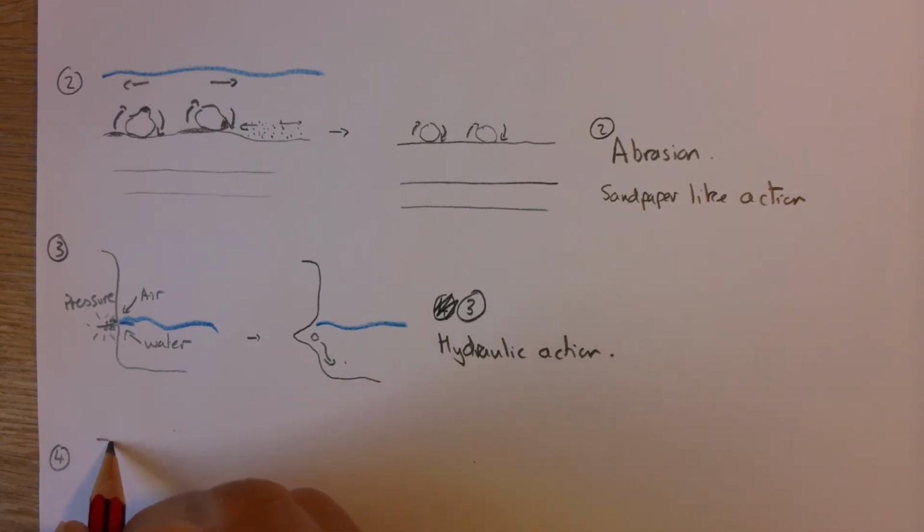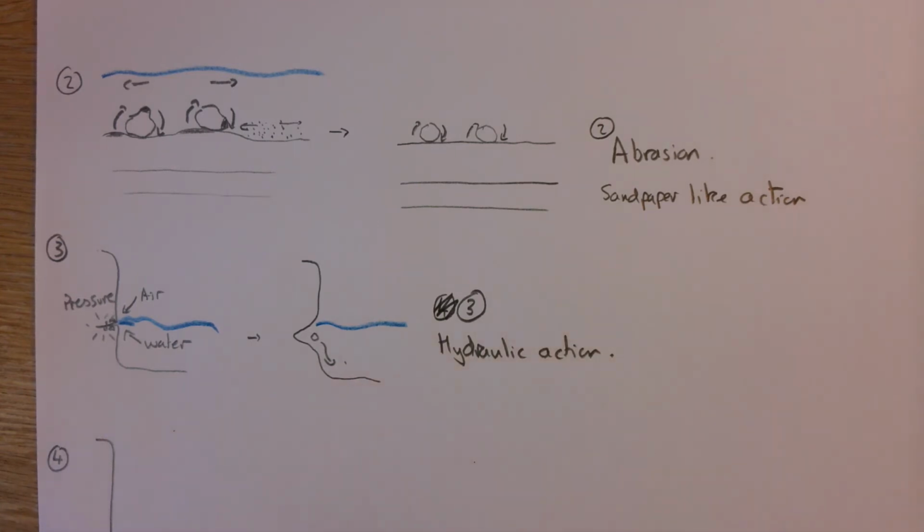Also, at cliffs with high energy waves hitting the coastline, we might find that those waves are transporting in suspension small particles or rocks, and as they are thrown against the cliff, this also has the result of weakening that cliff face and speeding up the rate of erosion that we might experience.